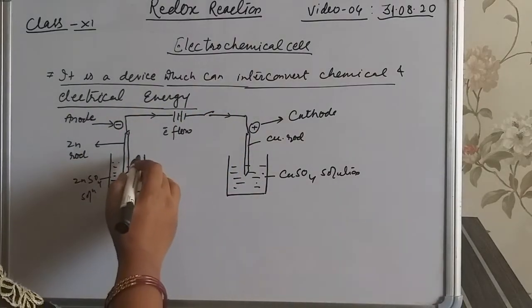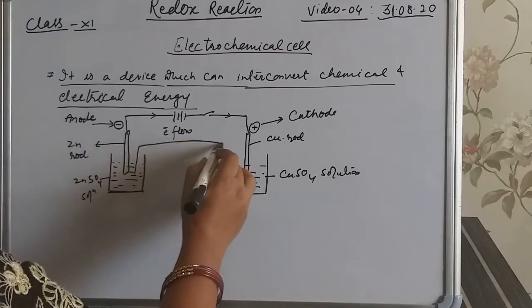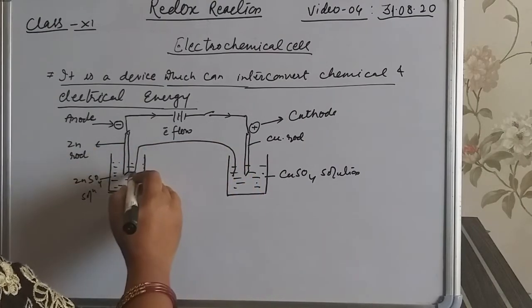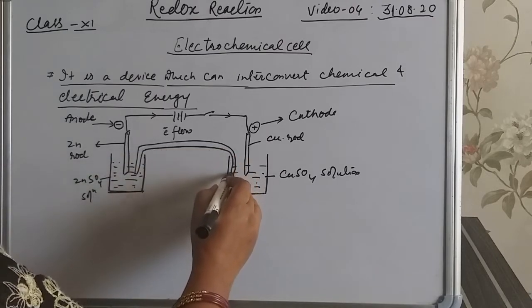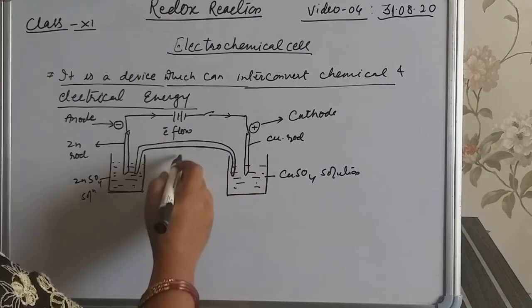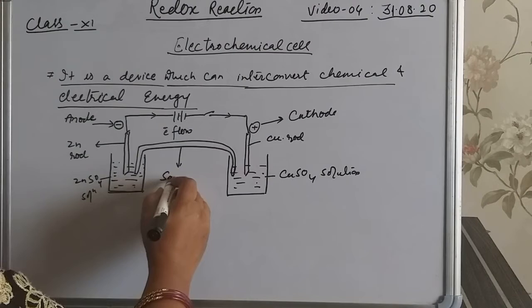And here is the U-shaped tube used for the inner circuit, and it is called the salt bridge.